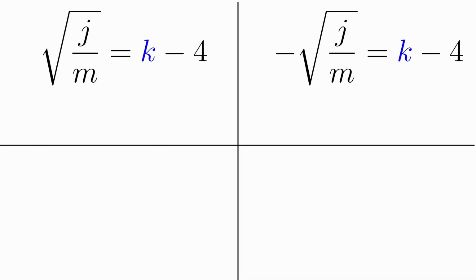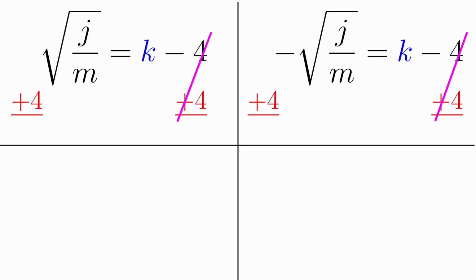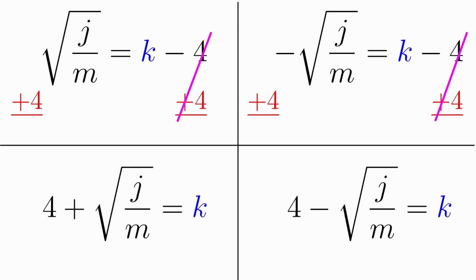Now, to make this easier, we can split this into two equations, one with a positive root j over m and one with a negative root j over m. And solving them is the same. For both of these, we're just going to add 4 to both sides. And we get these two results, 4 plus root j over m and 4 minus root j over m.